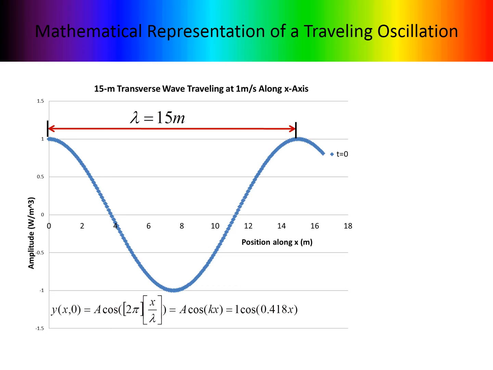And so that works as well. So every single point here will work with this equation. So the equation seems to be correct, representing the wave along the x-axis, snapshotted in time.